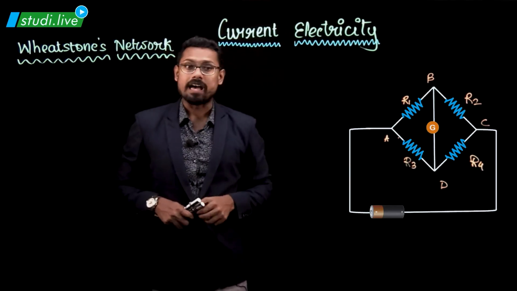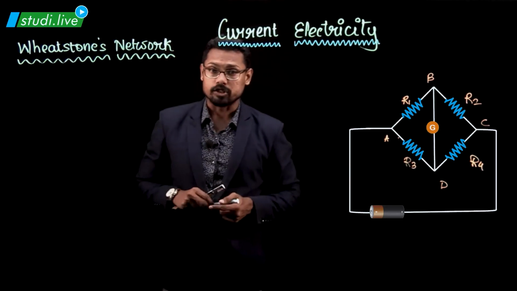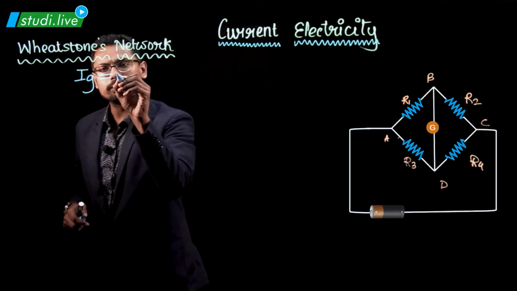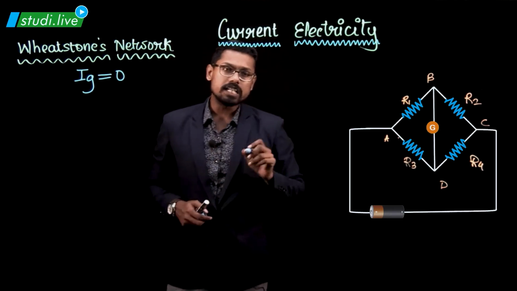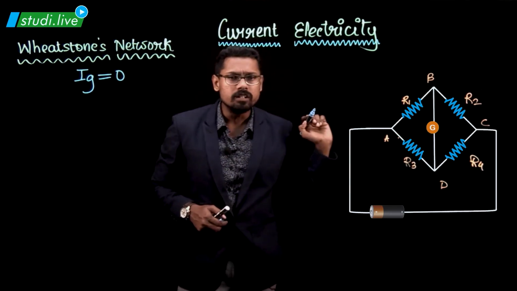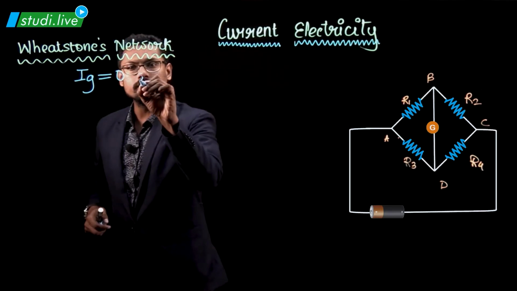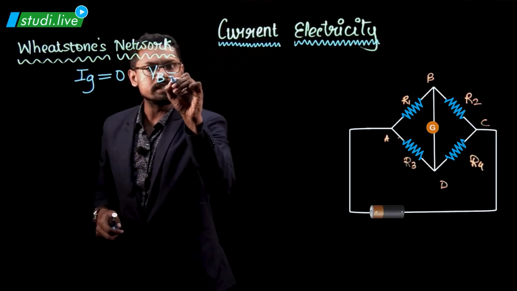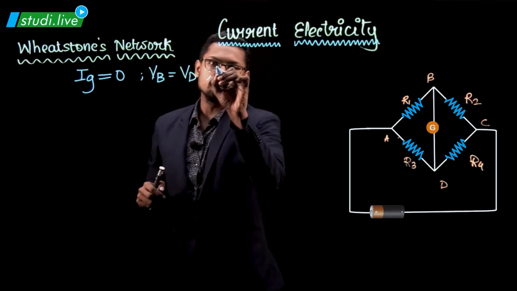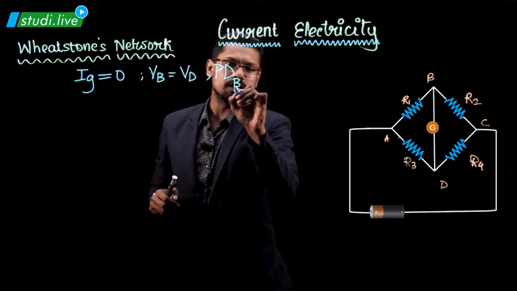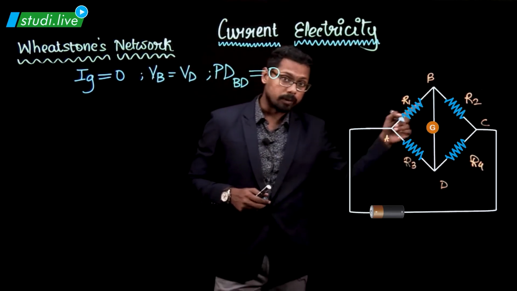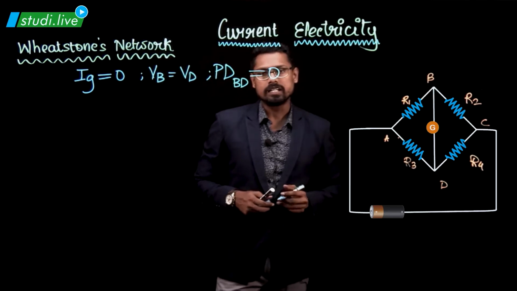There's something called the balancing condition. What is the balancing condition? The current flowing through the galvanometer is supposed to be zero. And when is this possible? This is only possible when the potential of point B is the same as the potential of point D. That means the potential difference between points B and D is zero.